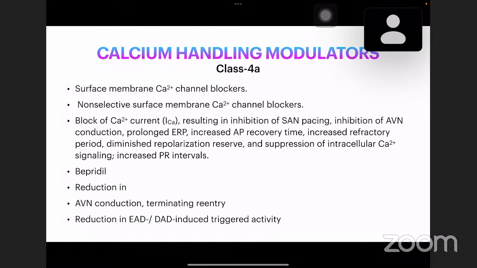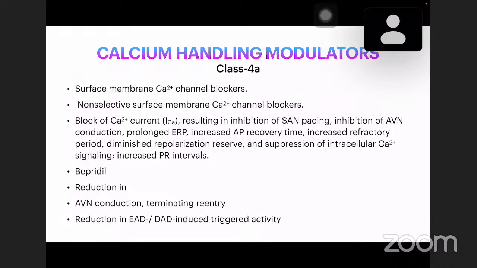So coming to class 4A, these are calcium handling modulators. These can be blockers or modulators, I mean, they can be blockers or enhancers also. In class 4A, we have surface membrane calcium channel blockers. These are non-selective.